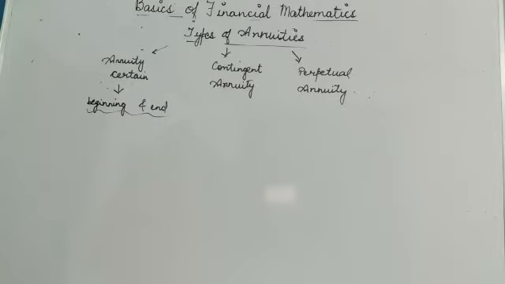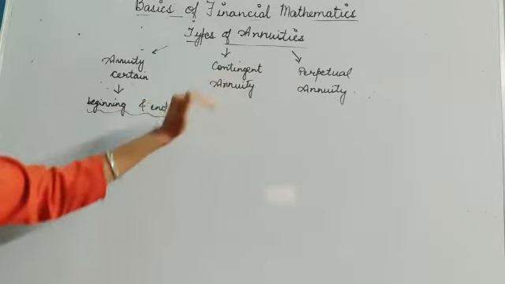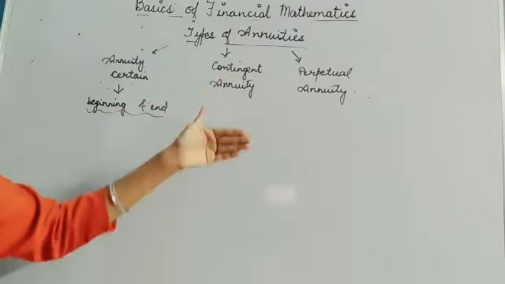Second is contingent annuity. So here contingent is your continuous annuity and it is defined as the annuity whose payments continue for an uncertain period. It is continuous but the time period is not fixed. For example, purchase of an insurance policy for the marriage of a man's daughter or son.